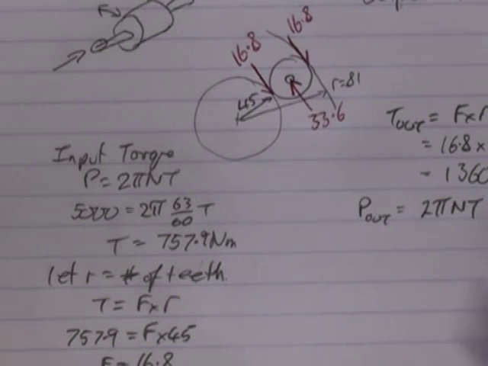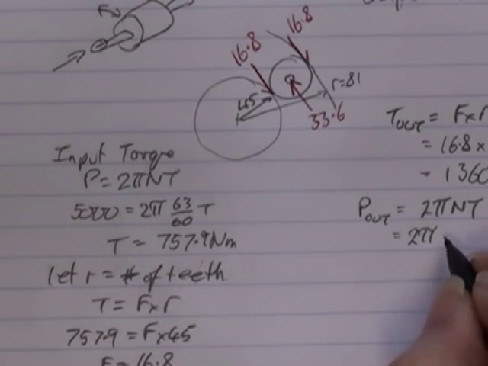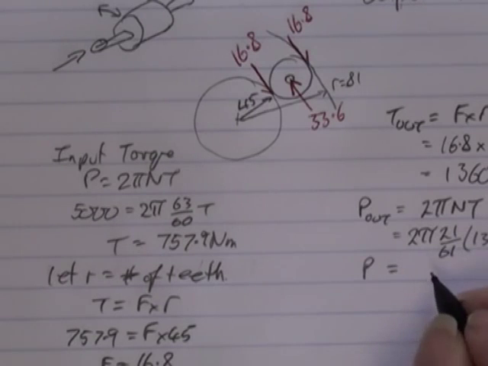Output power, 2 pi n T, 2 pi times 21 over 60 times 1360.8. Power out is equal to 3 kilowatts.